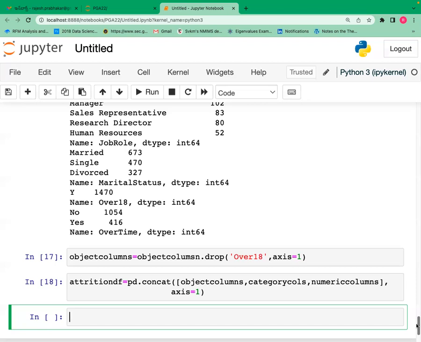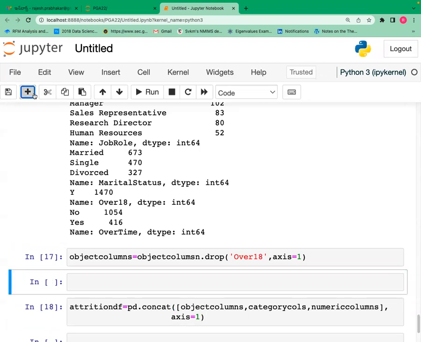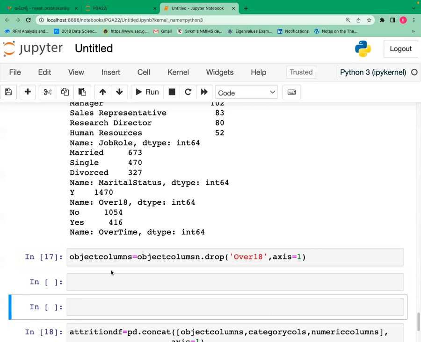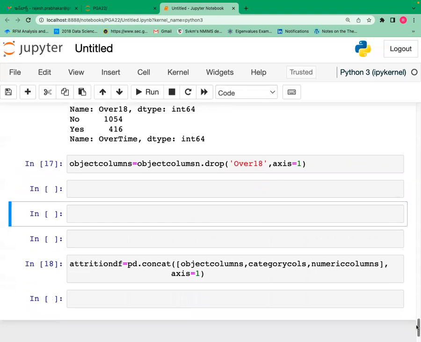Okay. Now split it into y and x. Sorry, label encode. Without doing label encoding, we did the concatenation. We have not done label encoding, right?